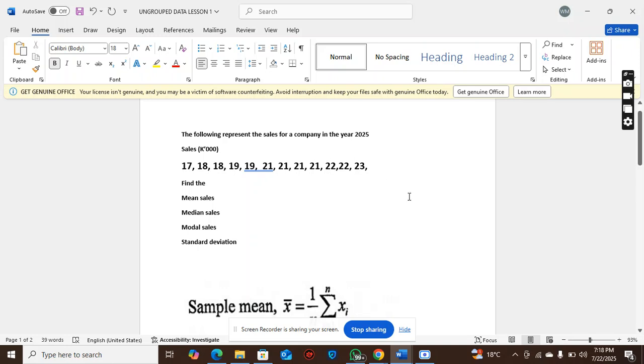Okay, so the first method you can use, I call this the cross out method. You cross this one out, you cross this one out, you cross this one out, you cross this one out until you reach the middle.